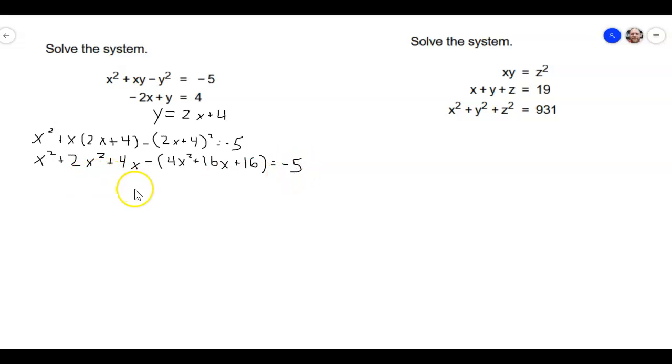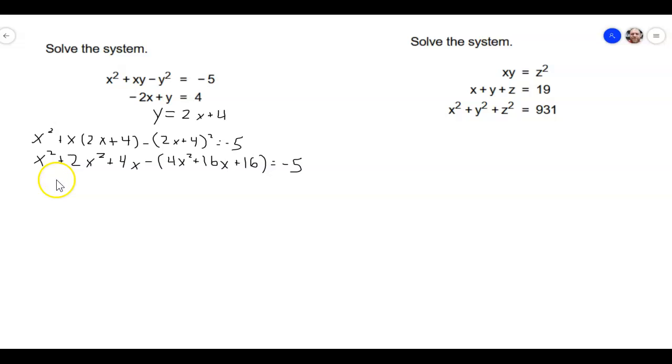Alright, so I have to remember to distribute that minus, and I'll go ahead and start combining my terms. I have an x squared here, I have a 2x squared there, so that's 3x squared, and I'm going to have a negative 4x squared there.